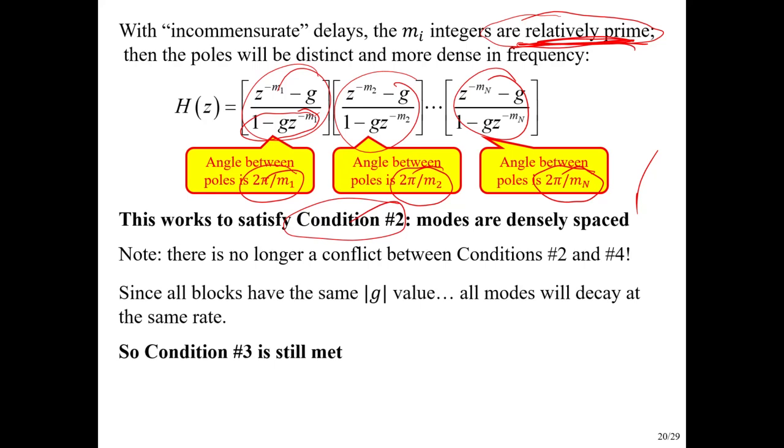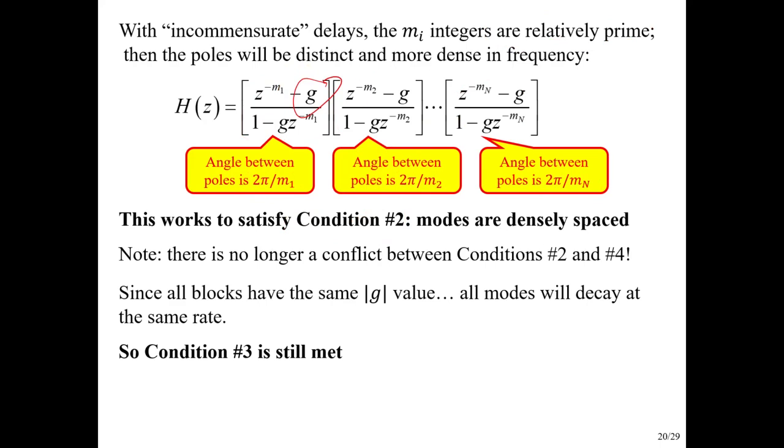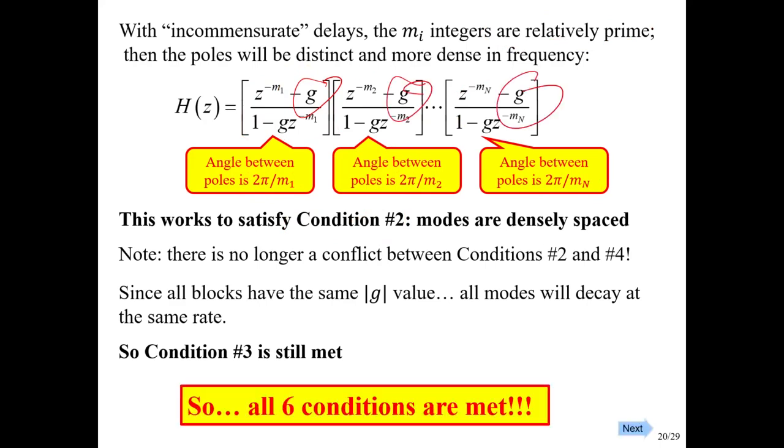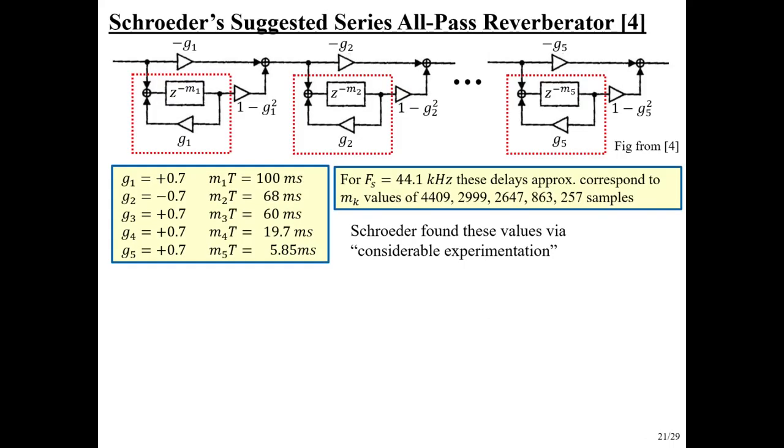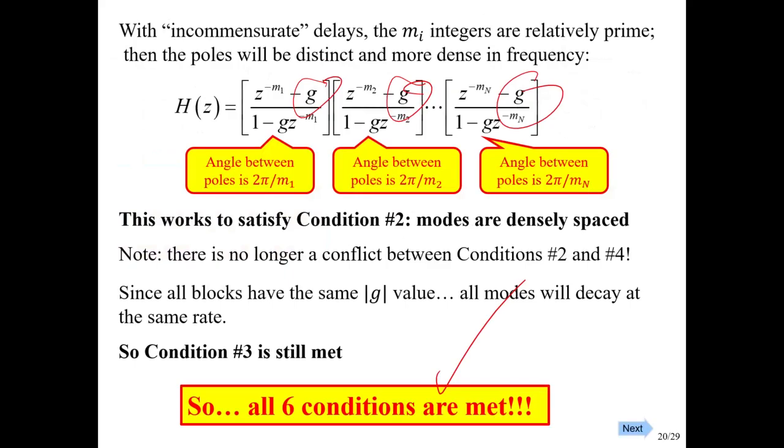So condition 3 is still met because all the poles are the same distance. So all these have the same G value. So everything is met. All 6 conditions are met. And so that's the beauty of this. Just by cascading a bunch of all-pass filters. So 2 stumbles, right?